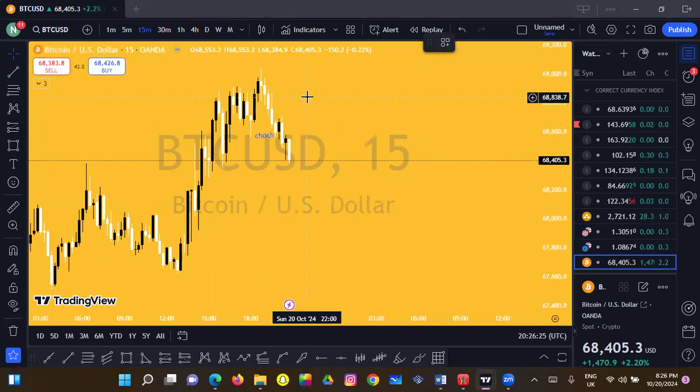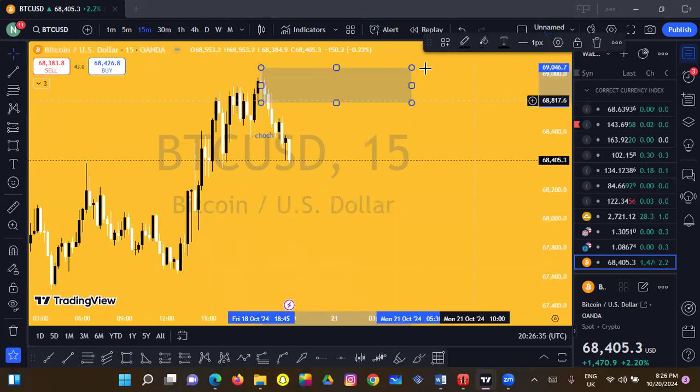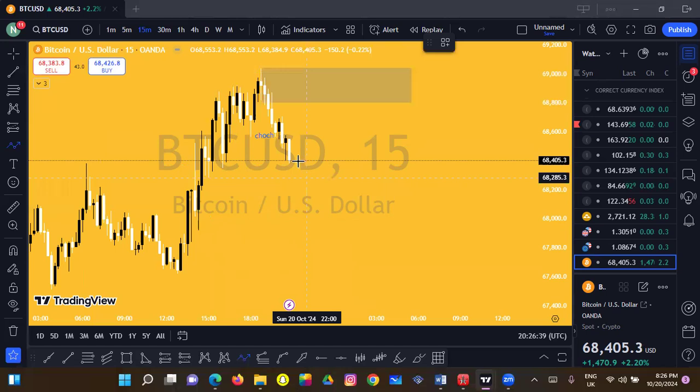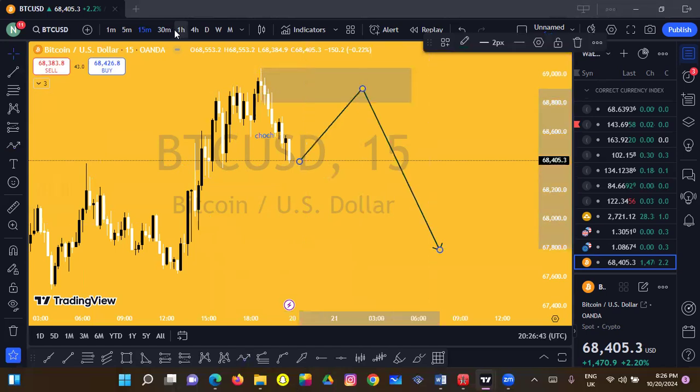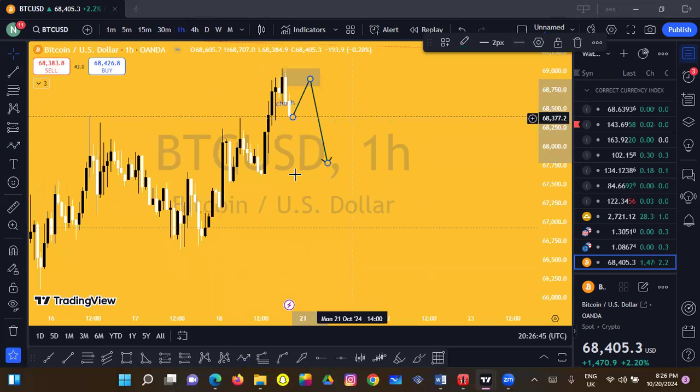So market is likely to retest and then follow downwards, right? Market's likely to retest to this side and then come down. Let's look at the possible 1 hour POI that market is likely to retest to.